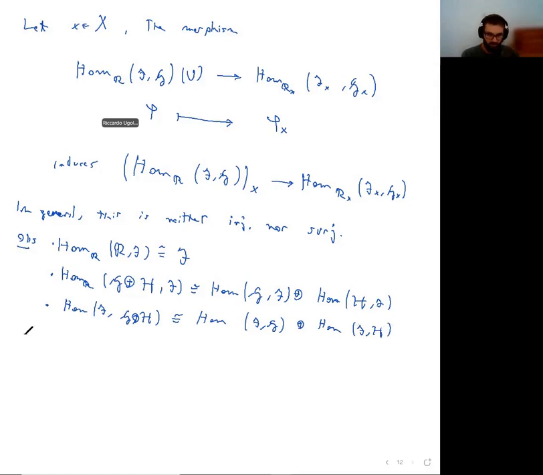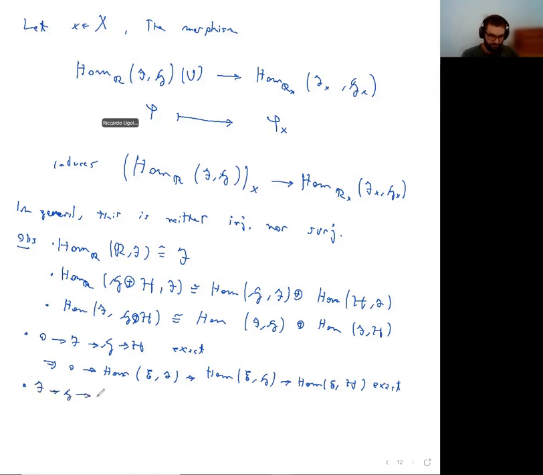What else? We have left exactness. So this is exact. This is also exact. And also if this is exact, and of course E here is just another sheaf of R modules.